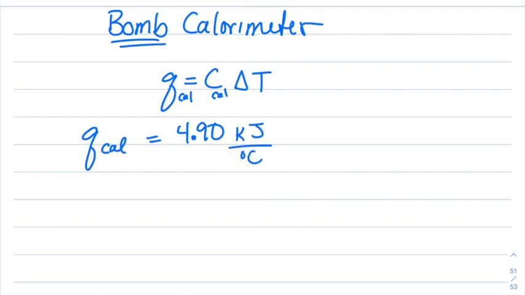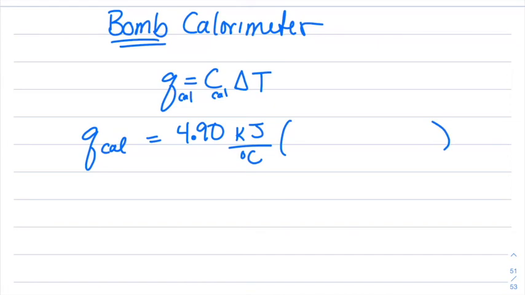So sometimes when students are doing this, they say, well, I can't remember whether I need to add grams or not. If you look at the units right here, you'll notice there's no grams in there. So because there's no grams in there, that's a good indication that you do not need the grams. And that is true. Anytime you're in bomb calorimetry, you're not going to put grams into here.